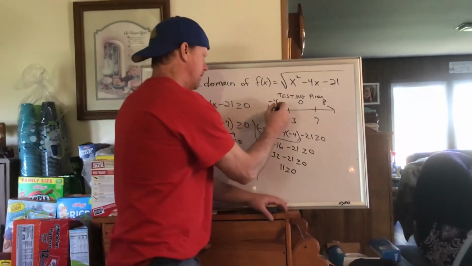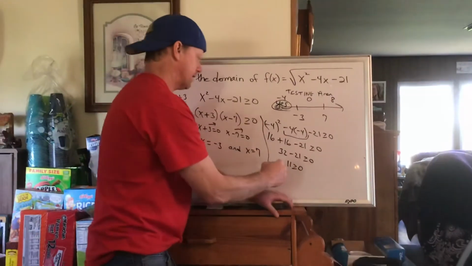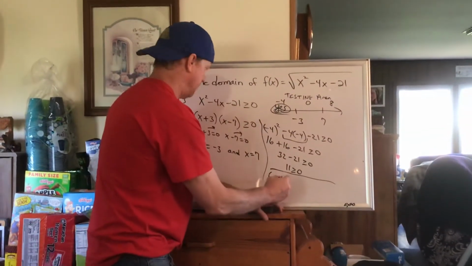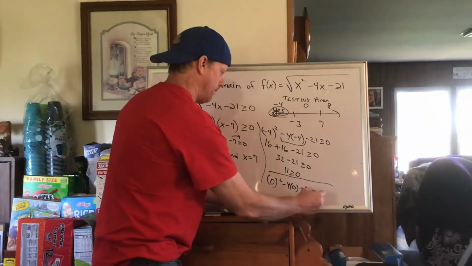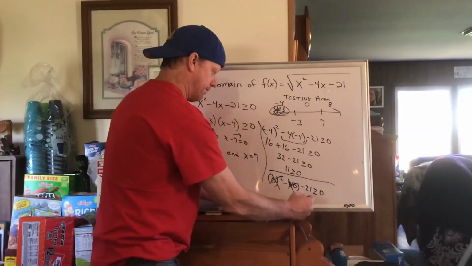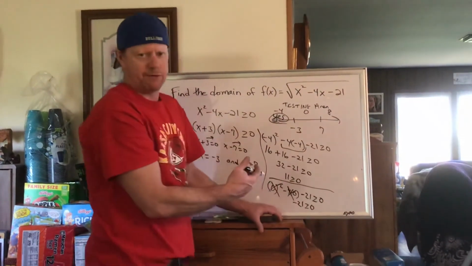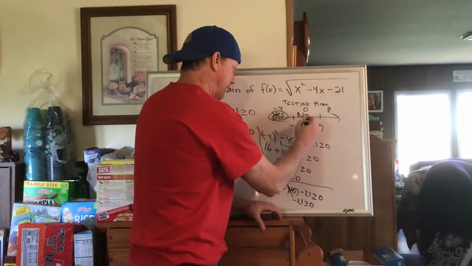So a big yes goes in here. When you plug in 0 for x, you'd have 0 squared minus 4 times 0 minus 21. So you'd have 0 there, you'd have 0 there. Leaves you with negative 21 is greater than or equal to 0. Well, is negative 21 greater than or equal to 0? No, it's not. So it's a big no here in the middle.